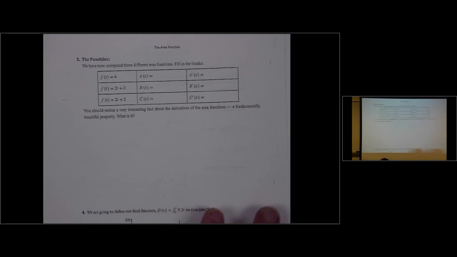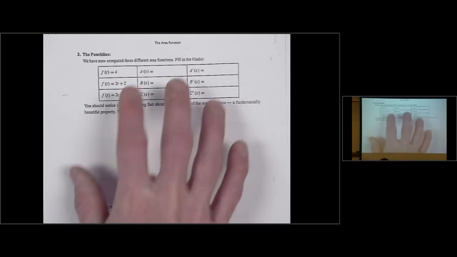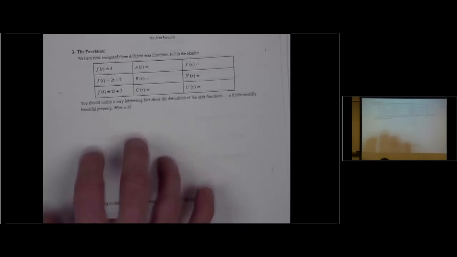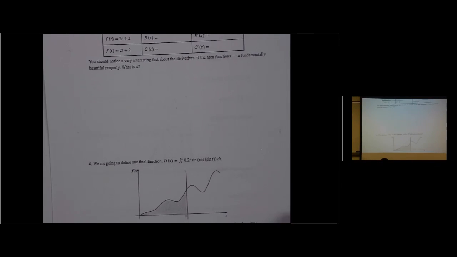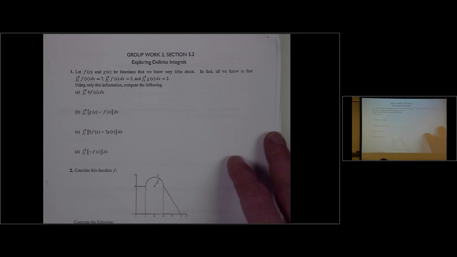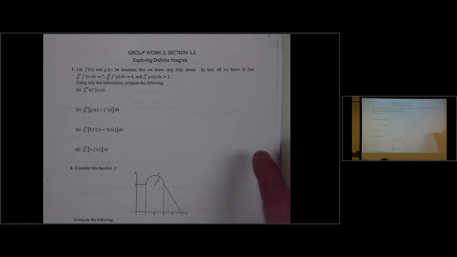You're going to work through all of those, and then eventually we'll come to our punchline, which is here. At that point, I may check back in with you. If we get done with all of that, you can get started on the back page, which has more typical problems about the definite integral. I'll let you get cracking on these areas using geometry.